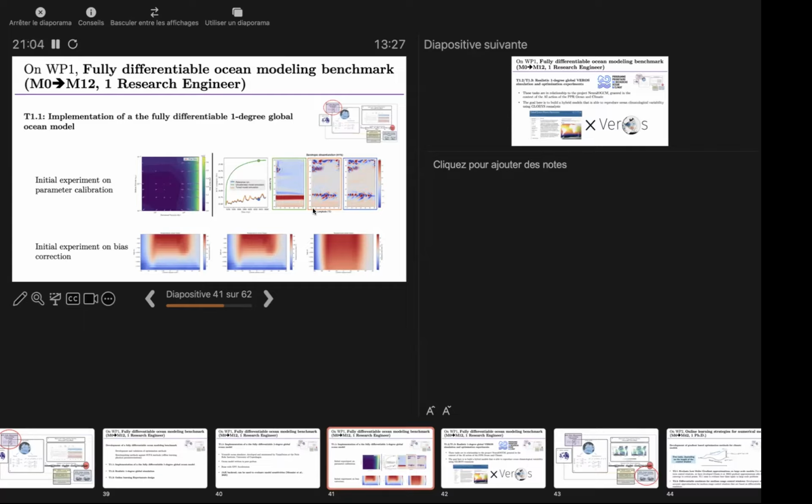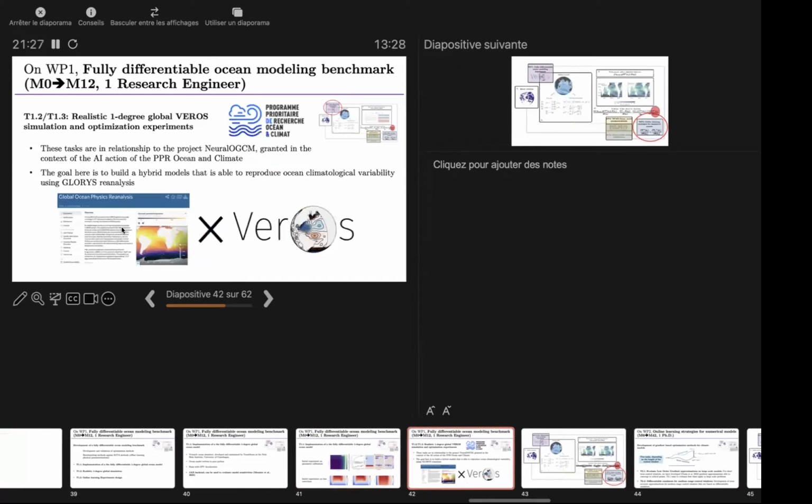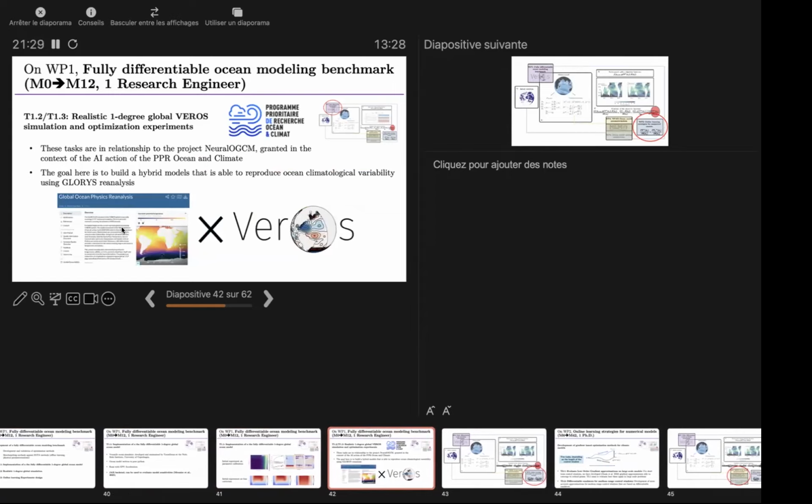Here it was two: bottom friction and the horizontal viscosity coefficient. The second experiment, in the bottom row, was on training a deep learning model in order to bias correct the ocean model. We show that with online learning it works very well. So we want to design the same kind of experiment on a global ocean configuration. This is tasks 2 and 3 of this work package.